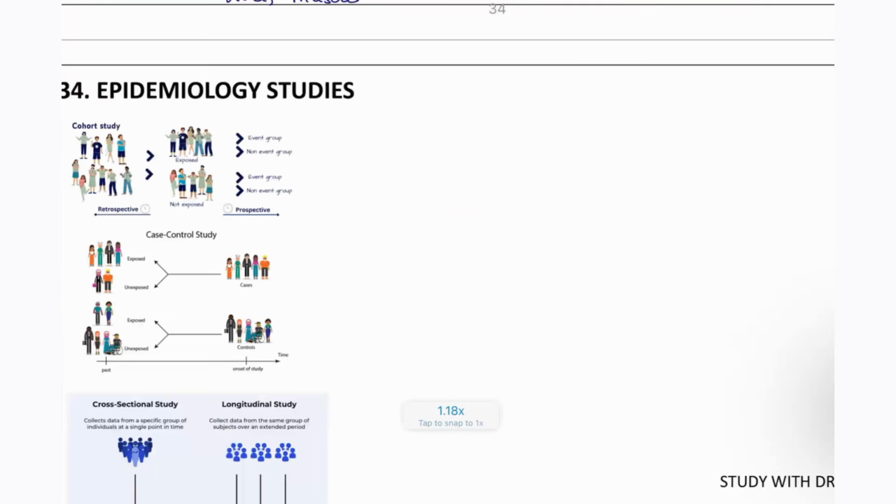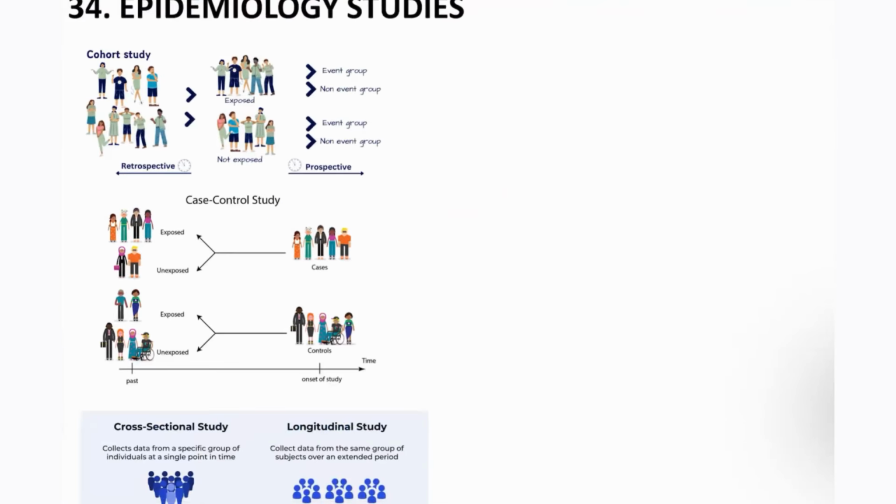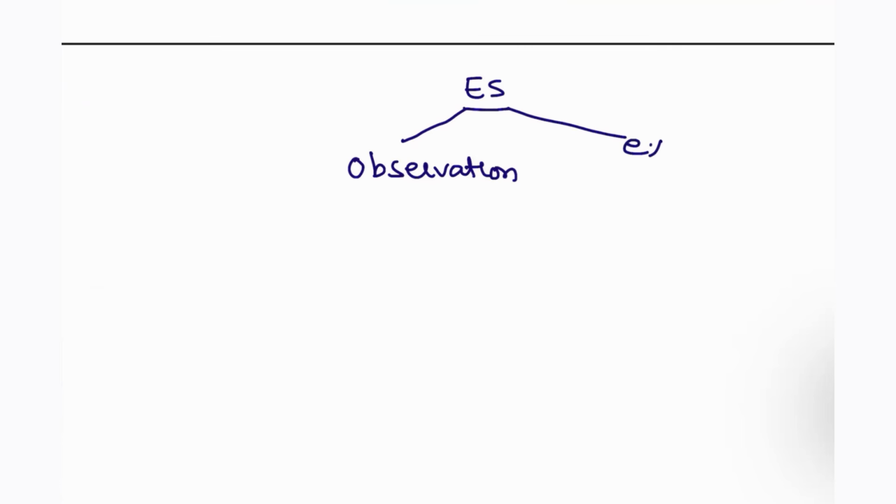Next, epidemiological studies. In epidemiological studies, you have to understand the important types. Basically, the studies we see are divided into observational and experimental. Experimental ones are evidence-based medicine, randomized control trials, or non-randomized control trials.